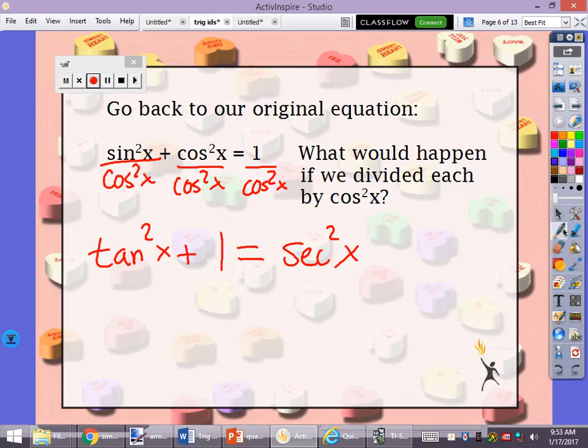All right. Let's manipulate this equation here. I want tangent squared by itself. So secant squared x, what? Minus 1.